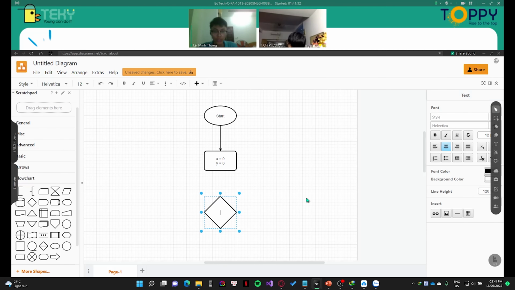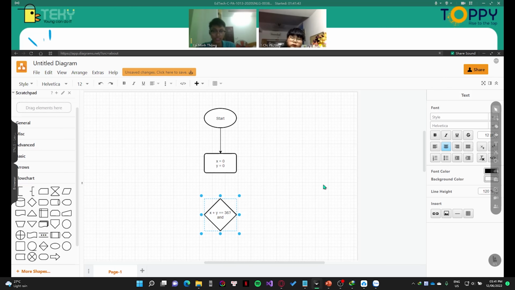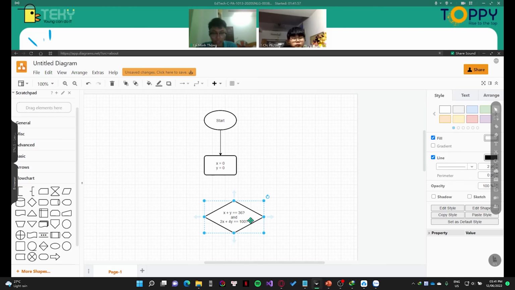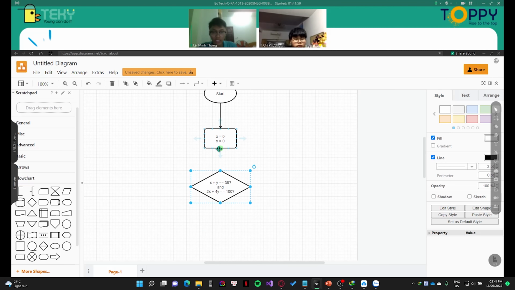So we need to check whether the current number is 36 or not. So x plus y equals 36, and 2x plus 4y equals 100. Do you understand this?